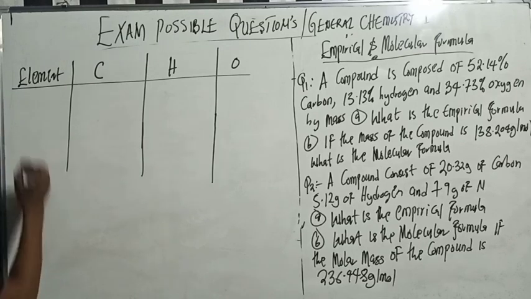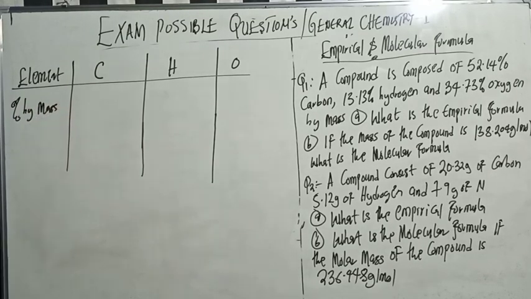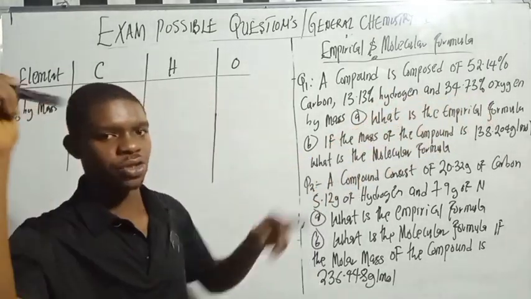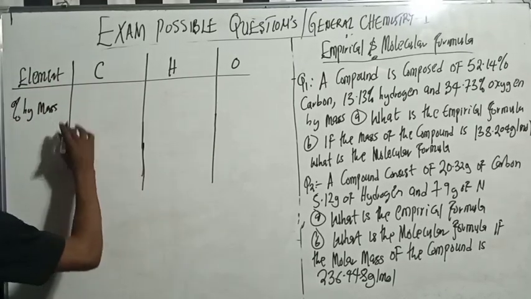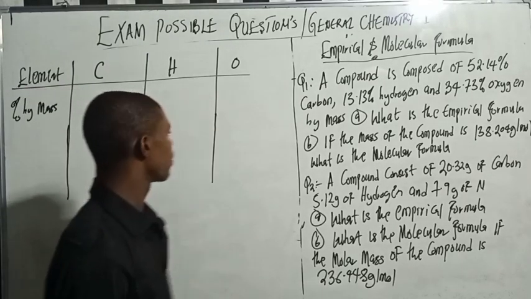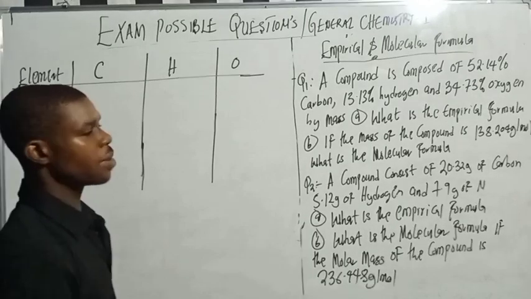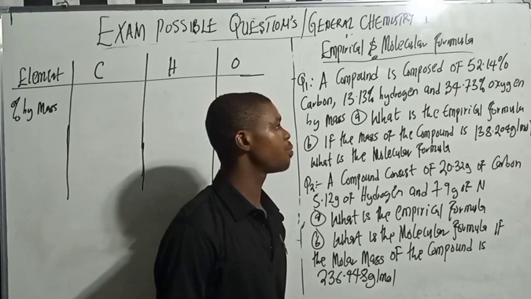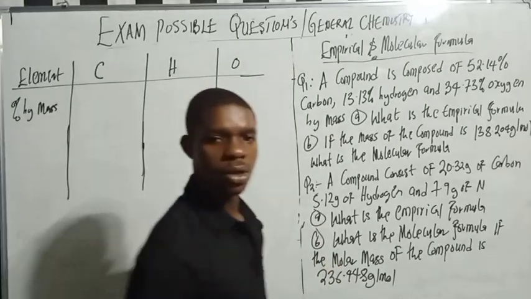So here we have percent by mass. Someone is already going to give me 100. Leave it in the comment section if it gives you about 100. I just want to confirm it here. 52.14 plus 30.13 plus 34.73, is that 100?